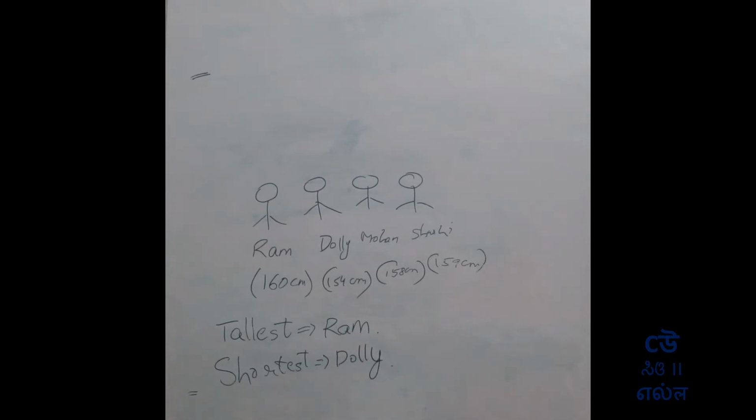Okay. Can you arrange them in increasing order of their heights? Yes, we can arrange them. See, for example, you will stand in a queue when going to the games period or PT period. So how will you stand? You will stand in increasing order or decreasing order, that is, height by height.